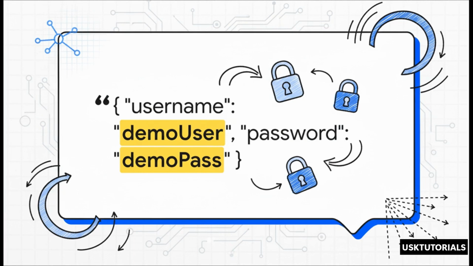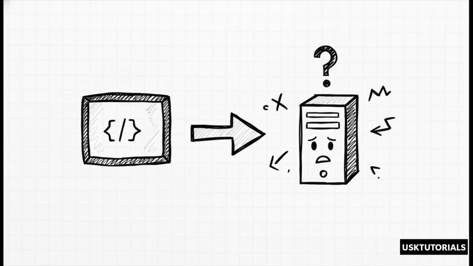And this right here, this is the actual data our virtual users will send. It's a little piece of JSON that contains the username and password they're going to use to log in. But hold on, we're not quite done. There's one more crucial detail. We've told JMeter what data to send, but we haven't told the server what kind of data it's about to receive. Is it plain text? Is it JSON?